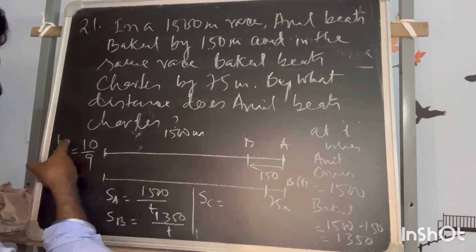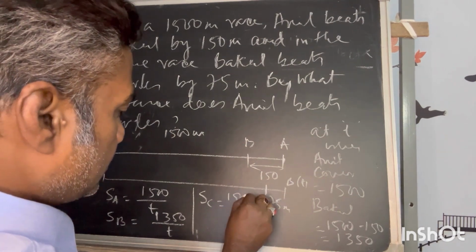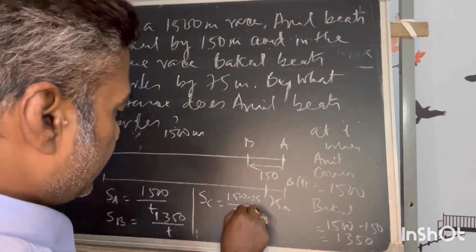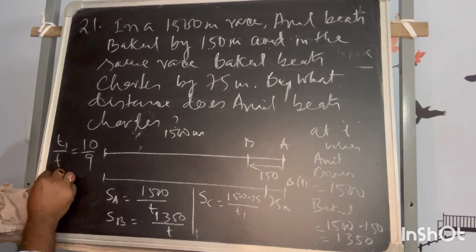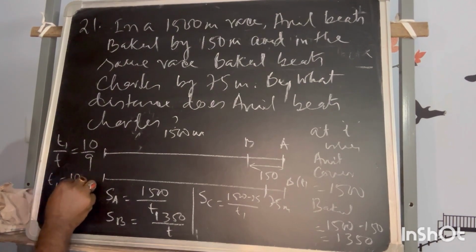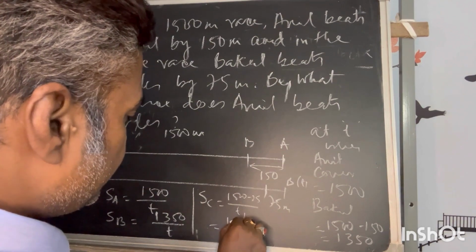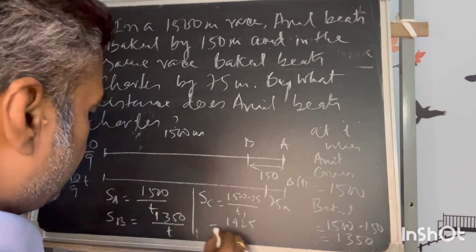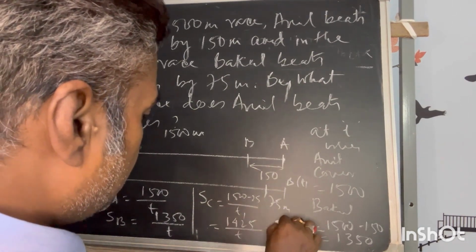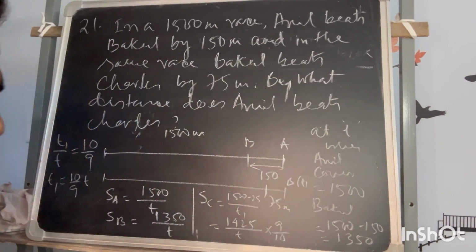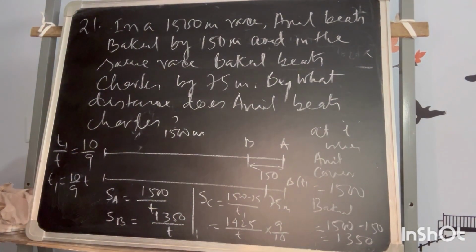In t1 time he will cover 1500 minus 75. Now t1 is 10 by 9 into t, I will put it there. So that means 1425, and t1 I will put as 10 by 9 into t. So t will be there and it will be reversed. So I get the speed in terms of this.